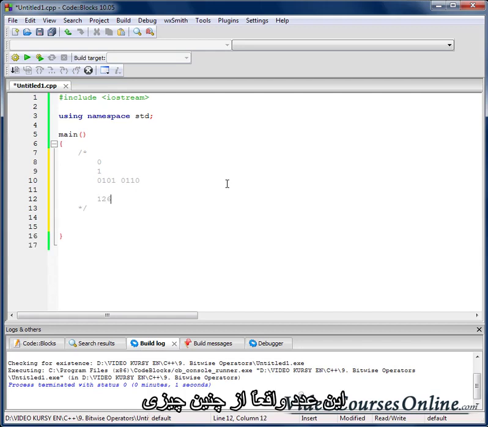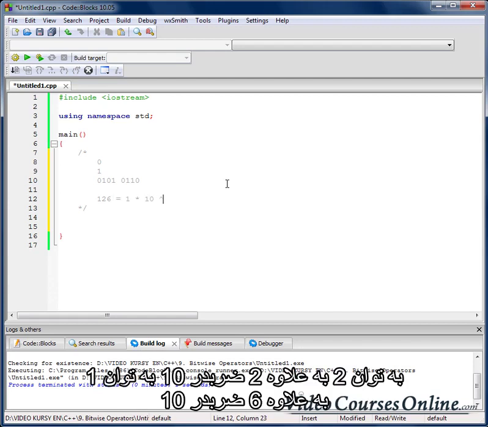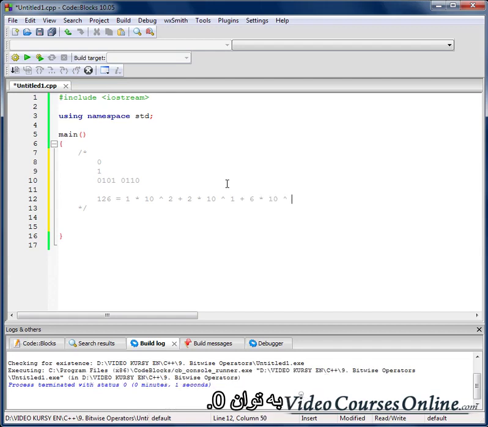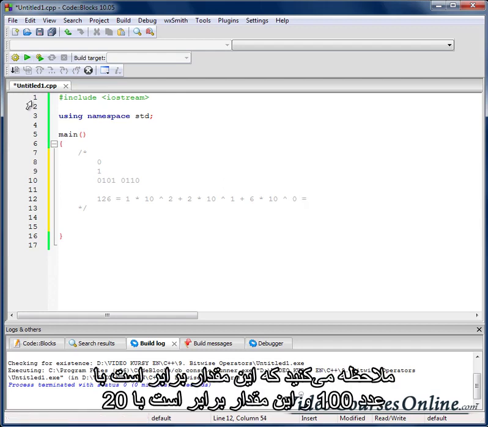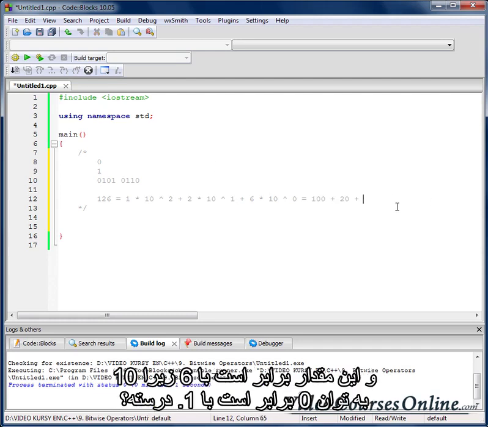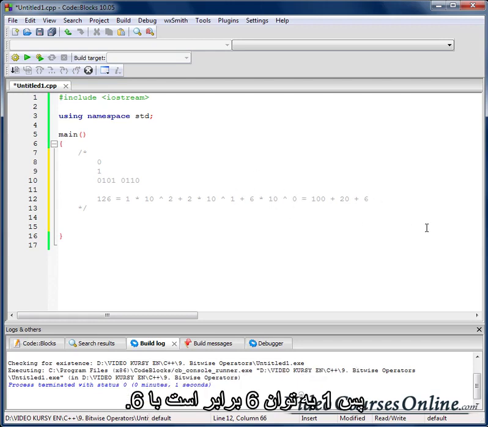This number is really created of something like that: 1 multiplied by 10 raised to the power of 2 plus 2 multiplied by 10 raised to the power of 1 plus 6 multiplied by 10 raised to the power of 0. As you can see, the first part is equal to 100, the second to 20, and the last to 6, because 10 raised to the power of 0 is 1, right? So 1 multiplied by 6 is 6.